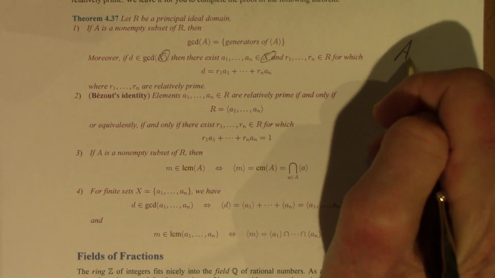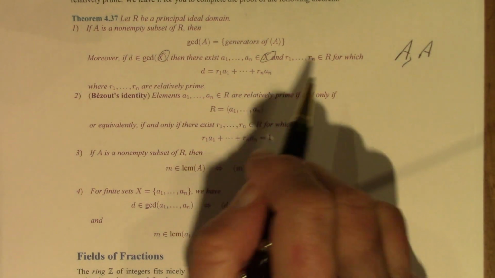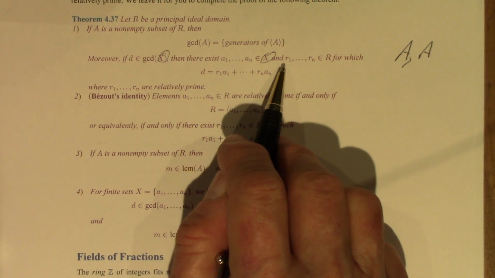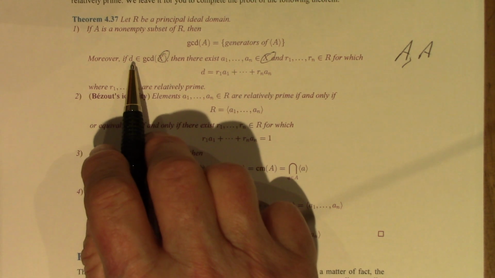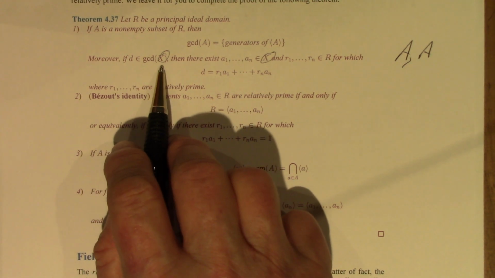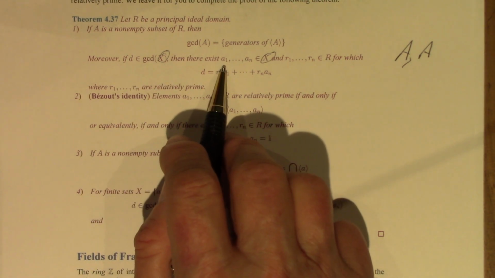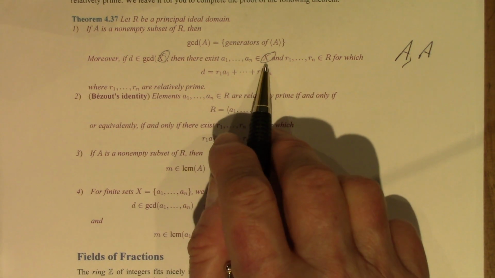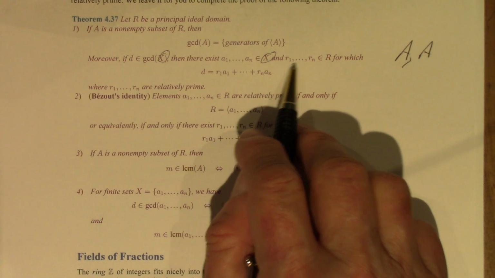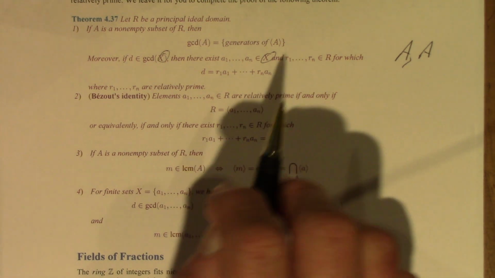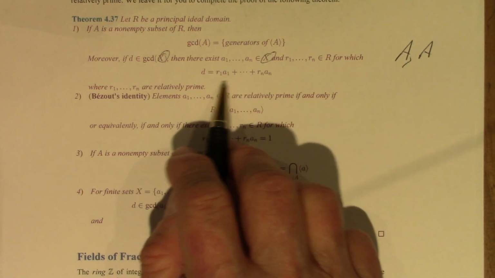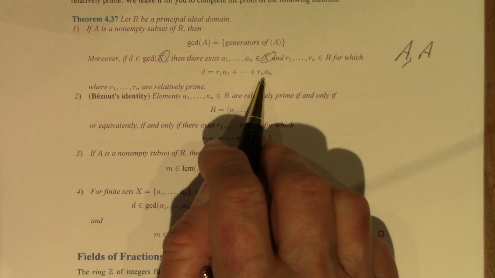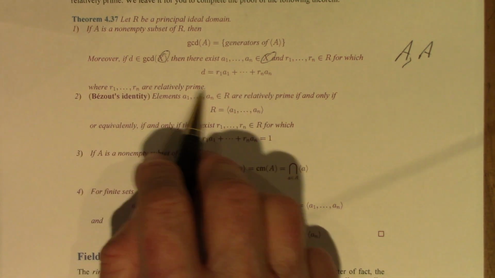Sorry for these typos. And so if D is the greatest common divisor of A, then there exist elements A1 through AN that belong to capital A, and R1 through Rn in R, for which D is a linear combination, and the coefficients are relatively prime.